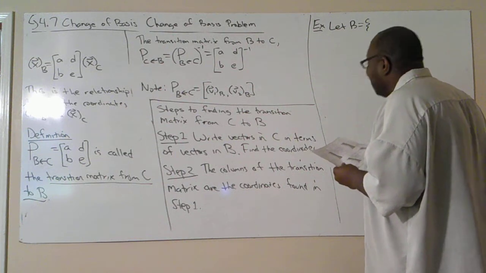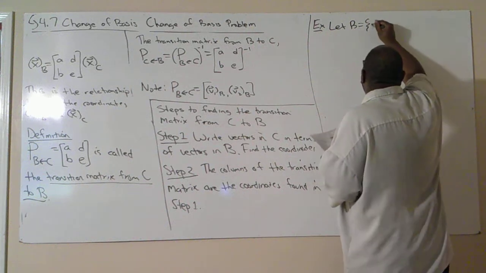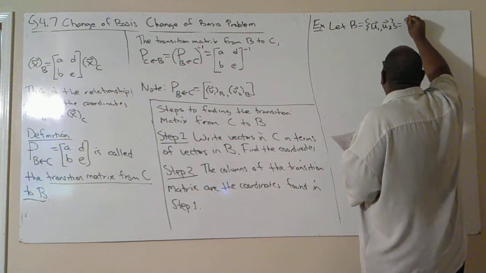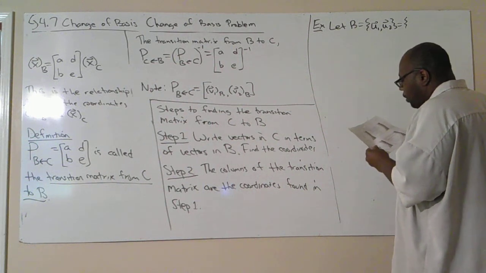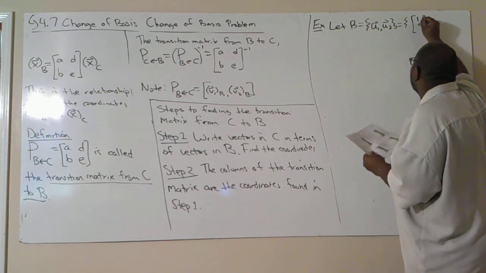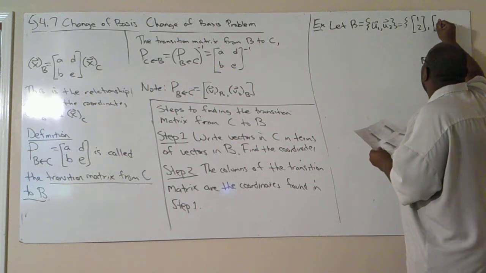Let B equal {u1, u2}. It doesn't matter which one you call u1 and u2, right? Those are just placeholder names. B is equal to the vectors (1, 2) and (-1, 1).